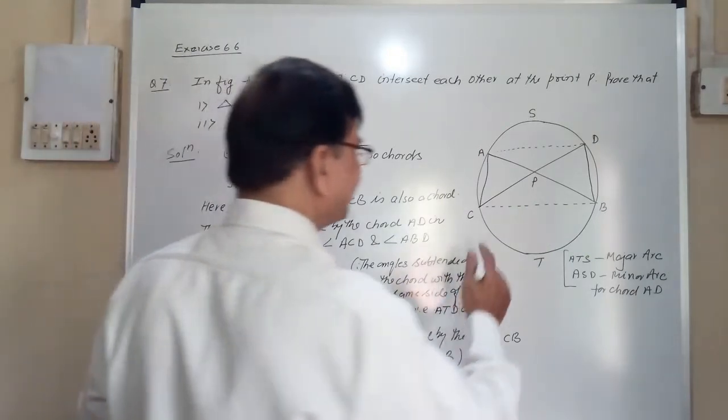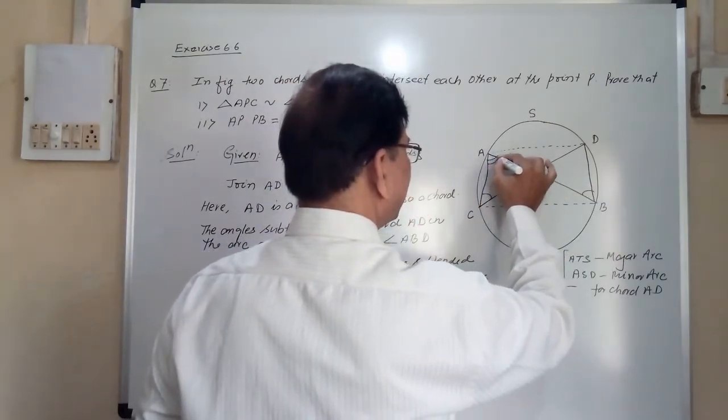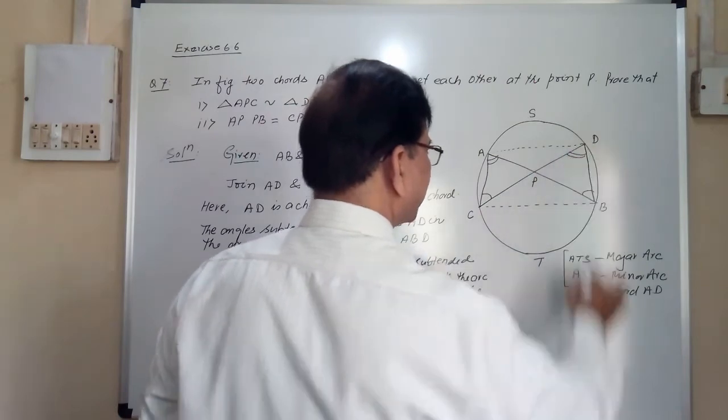So ACD, that is this angle, is equal to this angle, and this angle is equal to this.